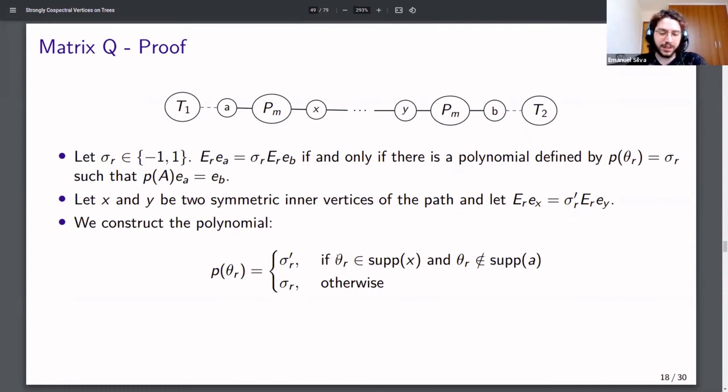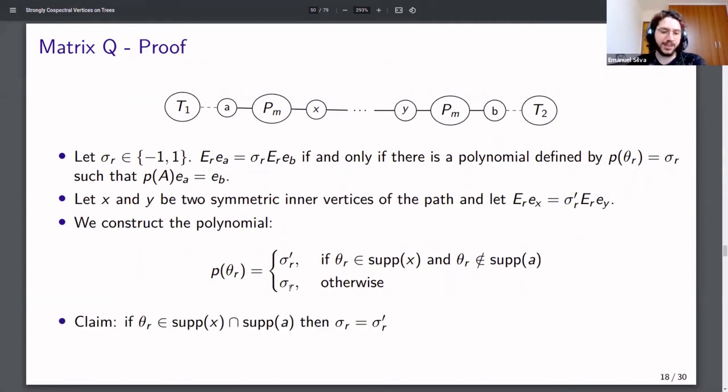If theta r belongs to the support of X but does not belong to the support of A, then we map theta r to sigma r prime, the sign of X and Y. Otherwise, we simply map to sigma r. The claim is that this polynomial is going to map A to B, but also X to Y.